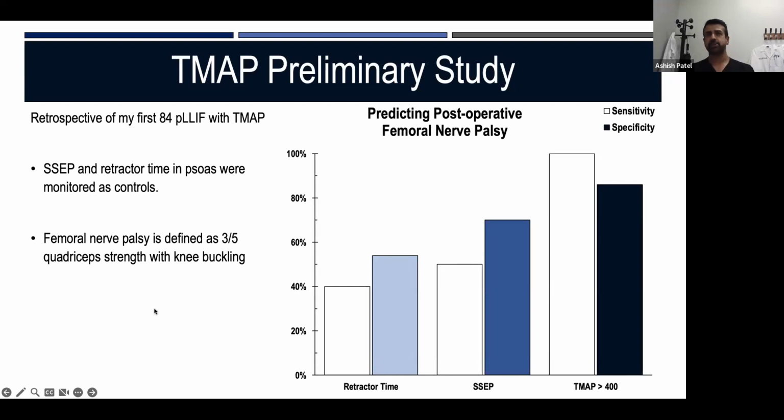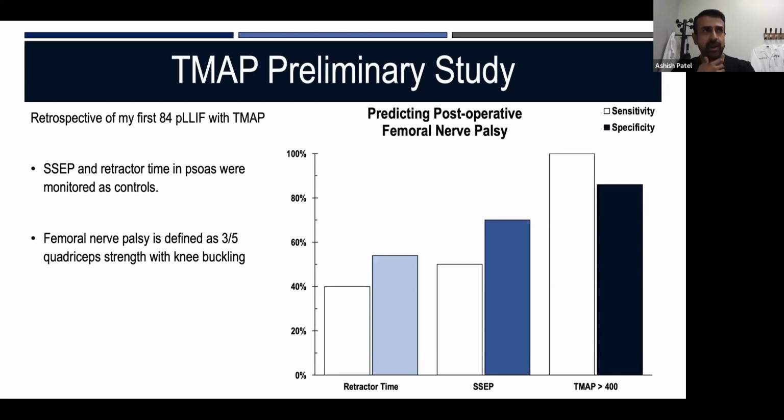You know what I did? Just because we have to be more sophisticated with our approach in the OR around nerve integrity, we ran TMAP and SSEPs and then compared it to retracted time. And what we did was we correlated that with our post-operative exam in the patient while they're doing their physiotherapy while they're in the hospital.